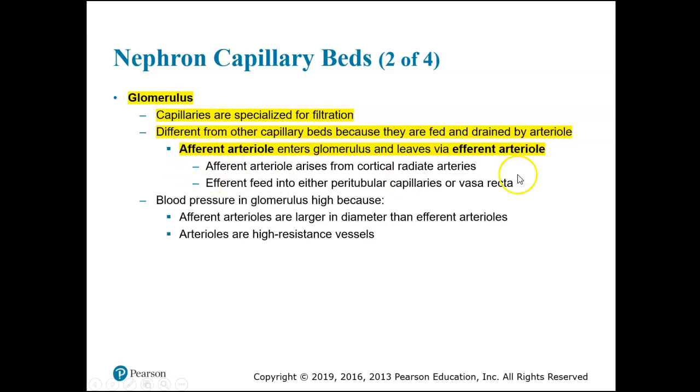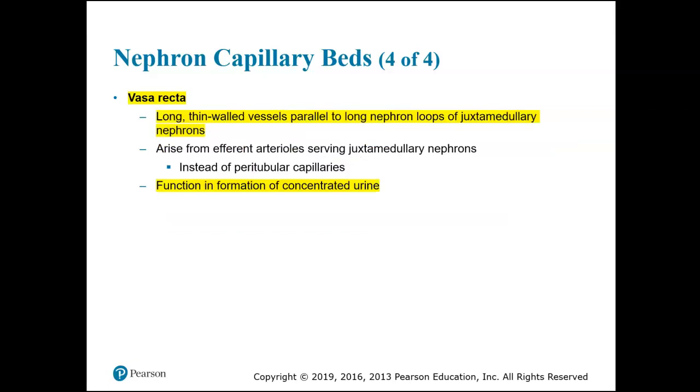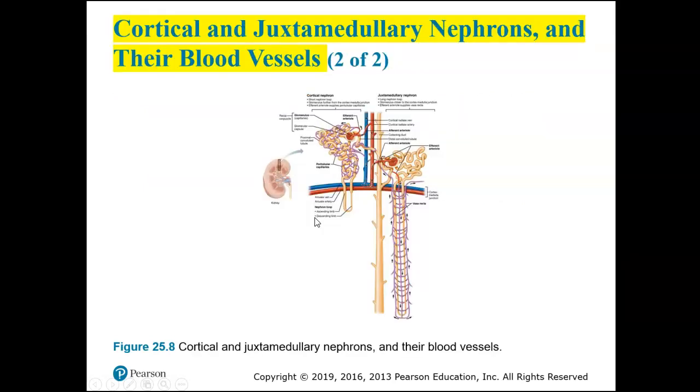Sometimes I say afferent and efferent just because it's hard to hear the difference. But afferent is the arteriole that enters the glomerulus, and the efferent is the one that leaves. The vasa recta, again, are parallel to the nephron loops in the juxtamedullary nephrons, and they help to form concentrated urine.